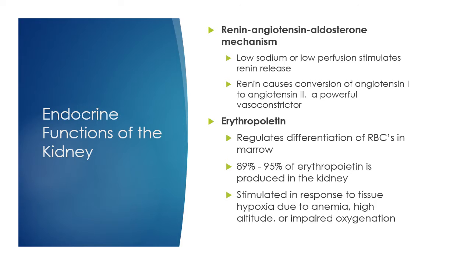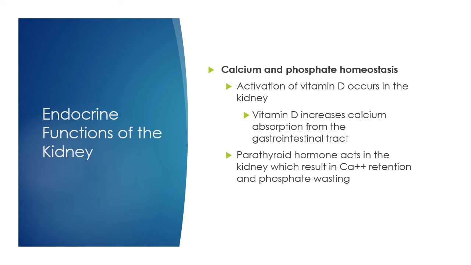And in response to tissue hypoxia, such as anemia or when people are at high altitude and they need more oxygen carrying capacity, it will release EPO, or erythropoietin, which causes erythropoiesis, or production of RBCs. In response to parathyroid hormone, the kidney can release vitamin D, which increases calcium retention and causes phosphate wasting.